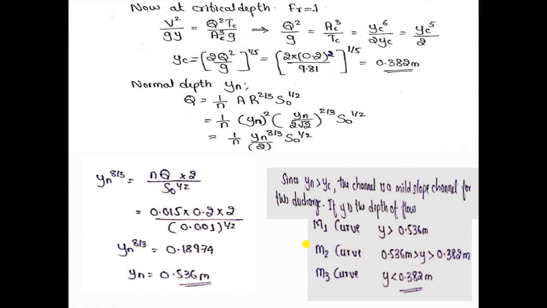We will get the M1 curve if the depth of flow is greater than 0.536. We will get the M2 curve if the depth of flow is in between 0.536 and 0.382. We will get the M3 curve if the depth of flow is less than 0.382.